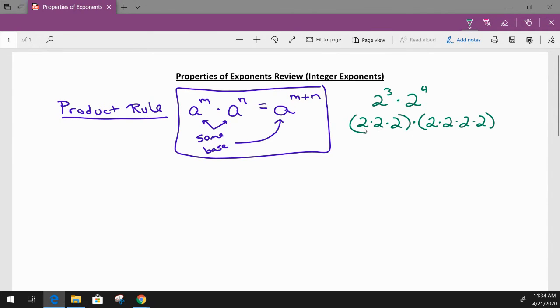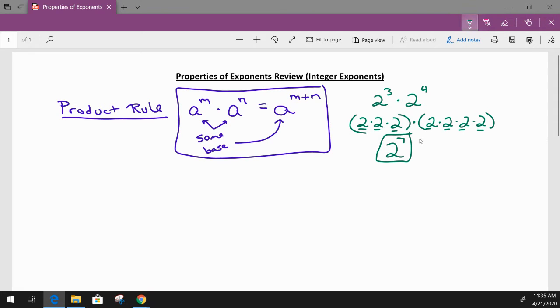So if you count the number of 2's that you are multiplying together now, you have 1, 2, 3, 4, 5, 6, 7. So that's why when we are applying this rule, you add the exponents, 3 plus 4, and you get 2 to the 7th. But notice the 2 did not change. So the base stays the same. You just simply add the exponents.